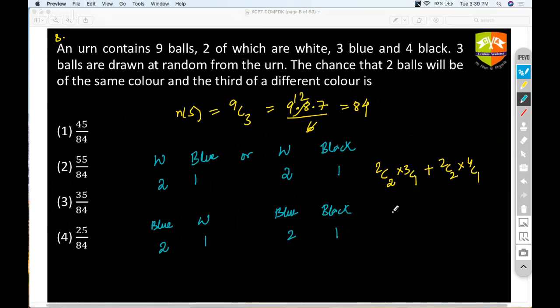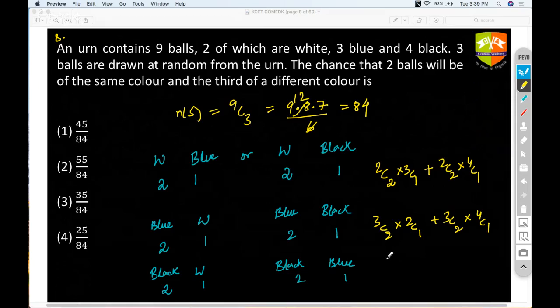So 2 blue will be 3C2 into 1 white will be 2C1 plus again 3C2, 1 black will be 4C1. And the last case is, let's say I pick up 2 black, 1 white, or 2 black, 1 blue? So 2 black I can get in 4C2, 1 white I can get in 2C1, again 4C2 into 3C1.